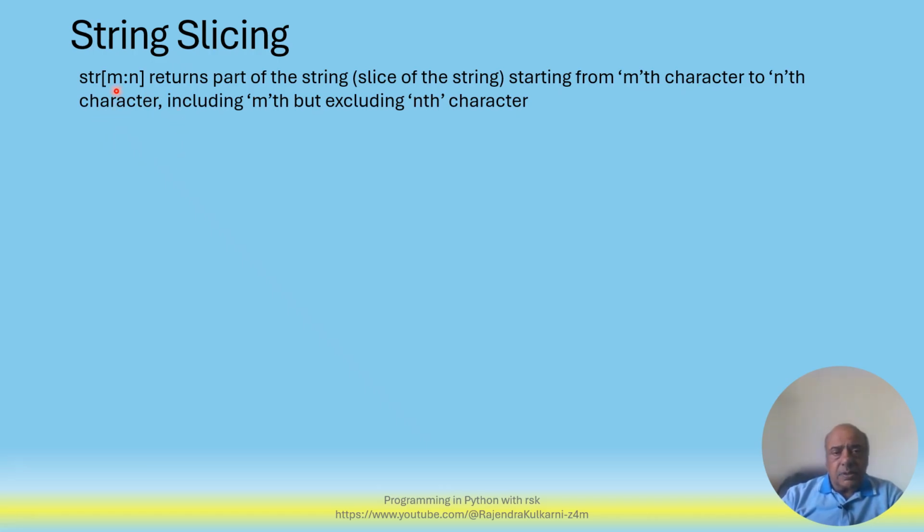Whatever character is present at index m is included in the sliced string, but the character appearing at index n minus 1 will be the end character. N will not be included. Whatever is present at index n will not be included in the sliced string.